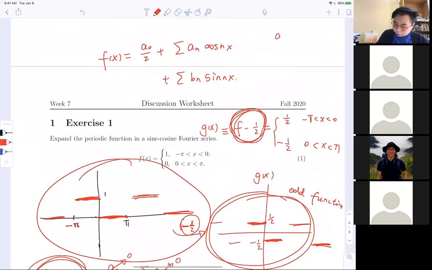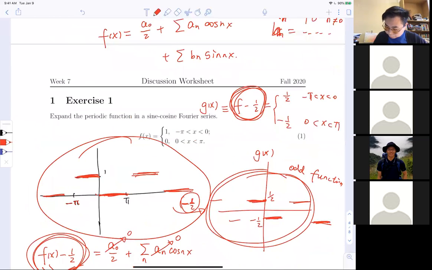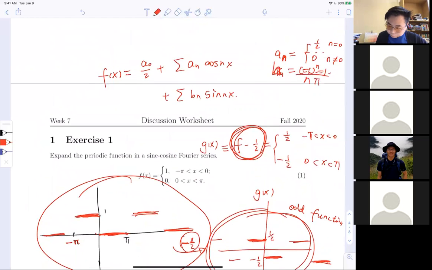Then you calculate a_0 according to that formula, and a_n using that formula and b_n using that formula. You will find that a_n is 1/2 when n equals 0, and is 0 when n is not 0. And the b_n is the same thing we did below, right? So it's the (-1)^n and pi, something like that.